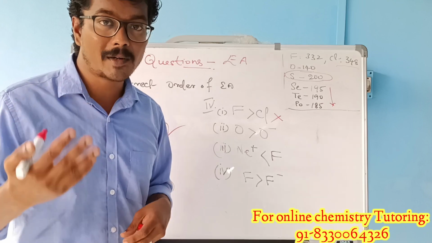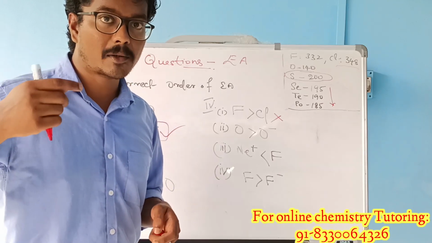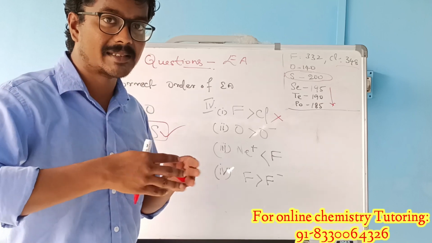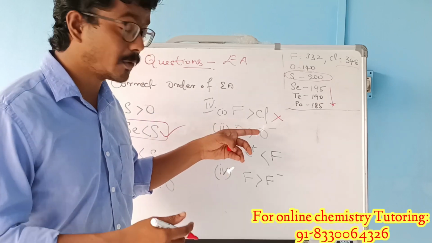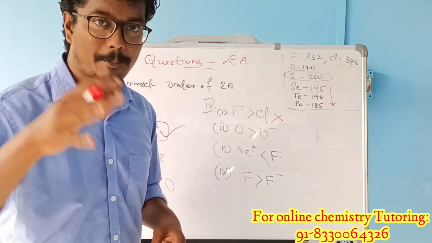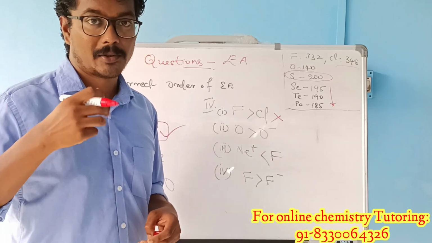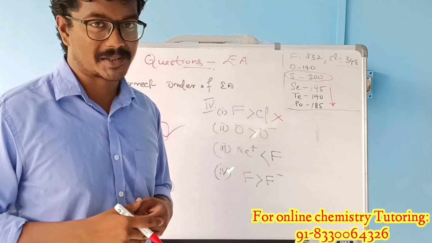So it has to overcome the existing electron-electron repulsion, right? The incoming electron will feel the negative charge repulsion, right? So energy is not released; we have to apply some energy in order to accept that electron, to overcome that electron repulsion.